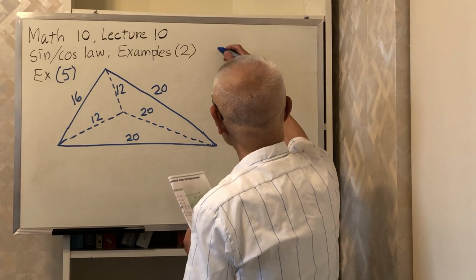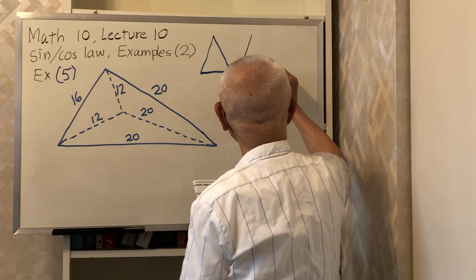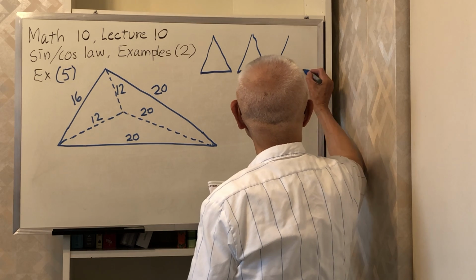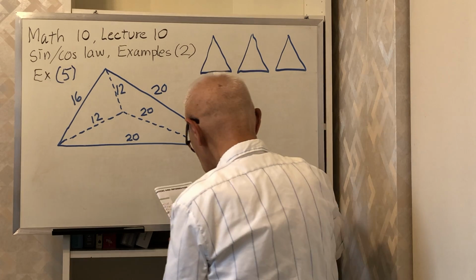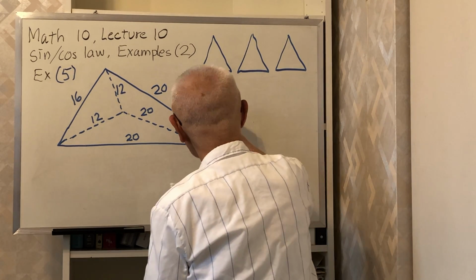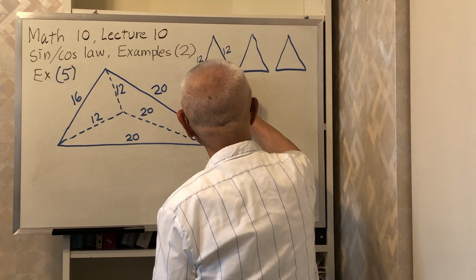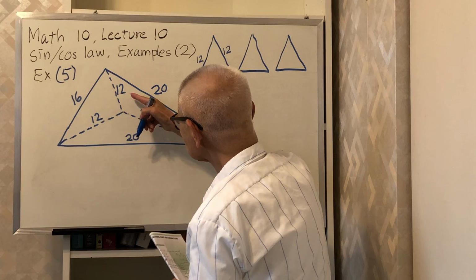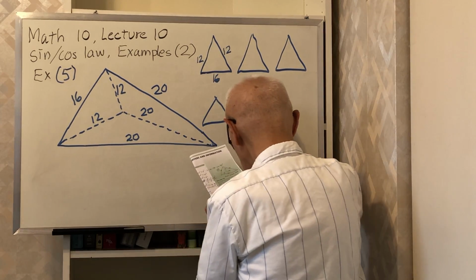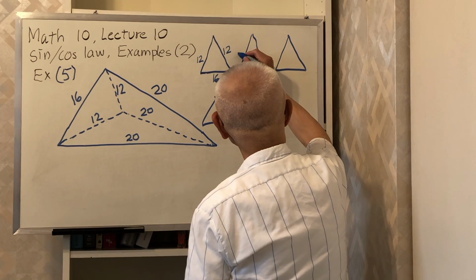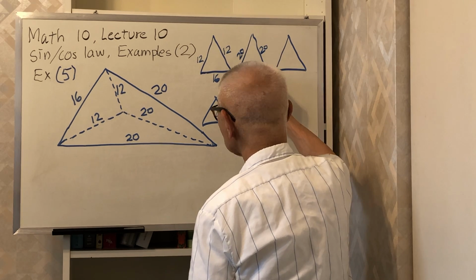So let me draw this now. So you have 12, 12, 16, which is this. And then you have 20, 20, 12.